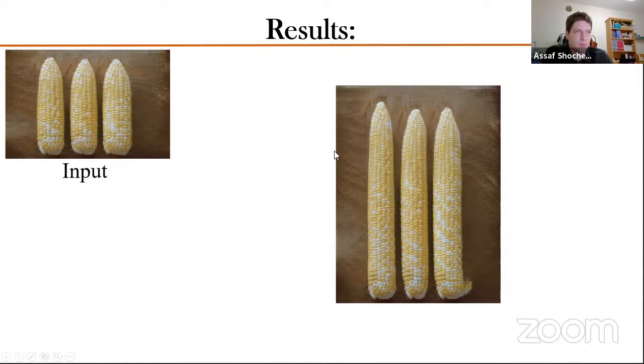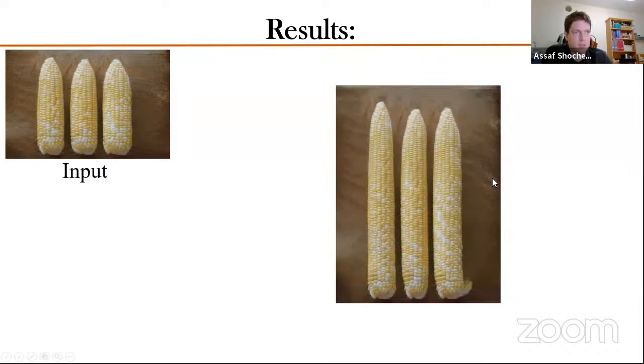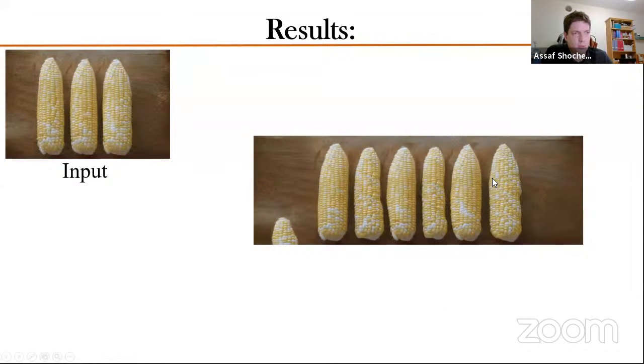So this is a different way of enlarging an image. It's not like interpolation. We can do this also in the other dimension, and we can see now that we have new corn cobs that were created. And interestingly, no two corn cobs are alike.